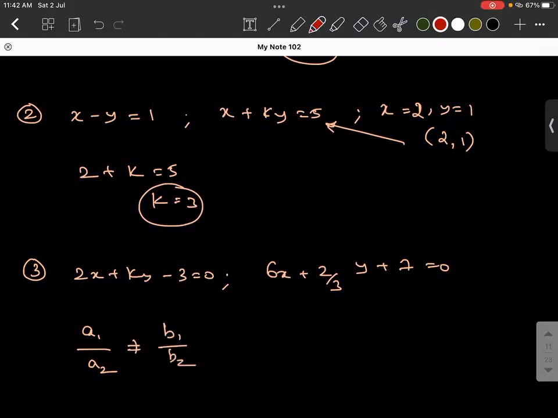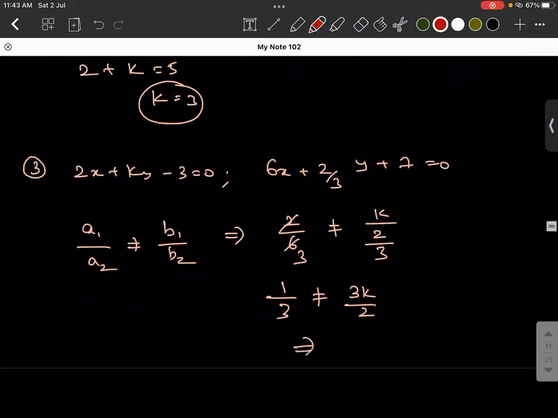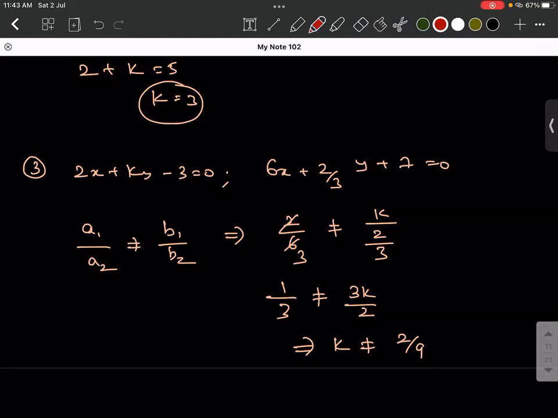A1 by A2 should not be equal to B1 by B2, which implies 2 divided by 6 should not be equal to k divided by 2 by 3. So 1 by 3 should not be equal to 3k by 2, which implies k should not be equal to 2 divided by 9. So it can be any value except 2 by 9. Not be equal to 2.